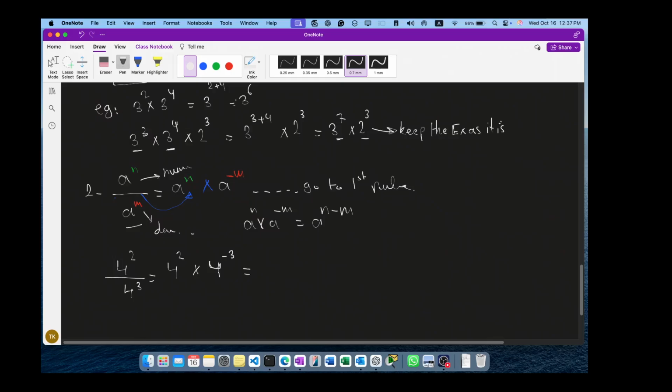Now I apply the first rule. I will keep the base as itself. Now 2 minus 3 equals 4 power minus 1, which is 1 over 4.